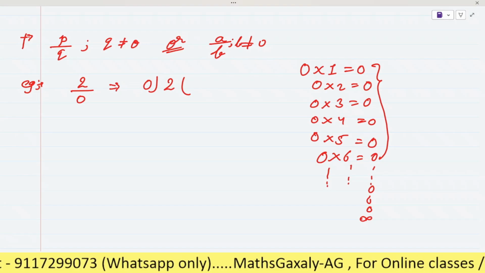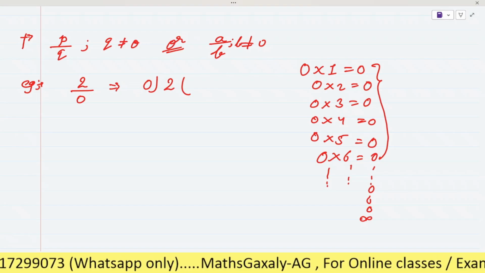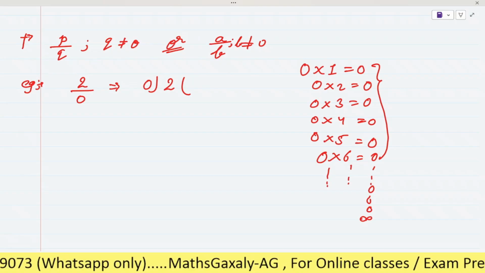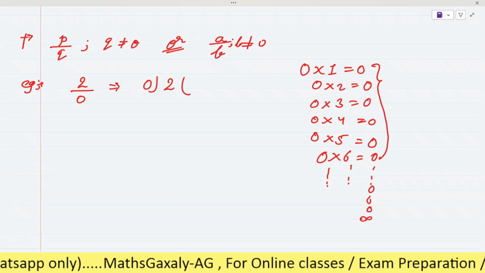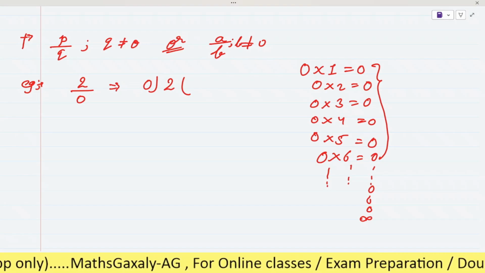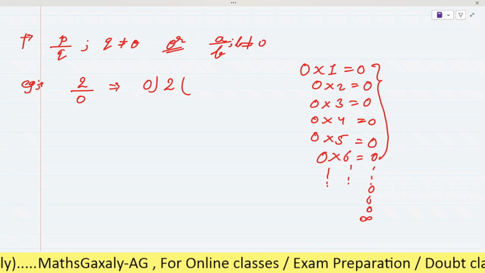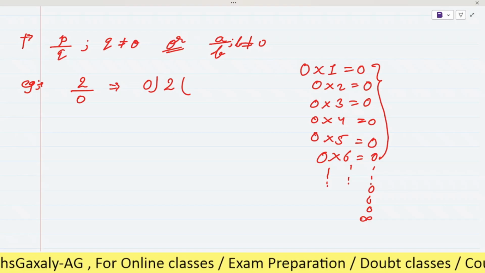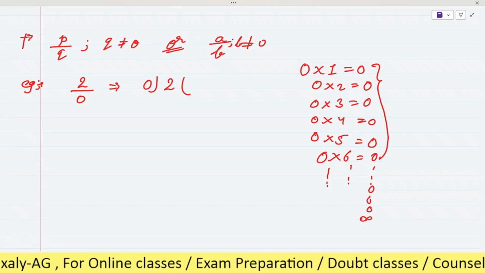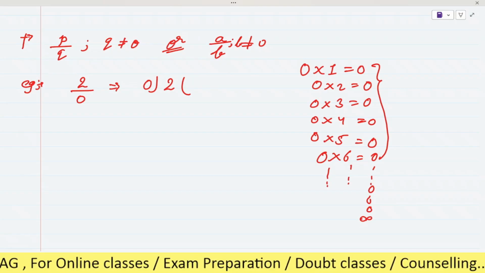If we continue it till infinity, if we find the infinite products or multiples of 0, every time we will get the result as zero. We can't get the product as a non-zero number, right?